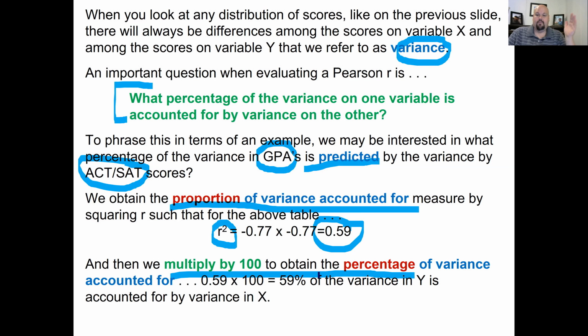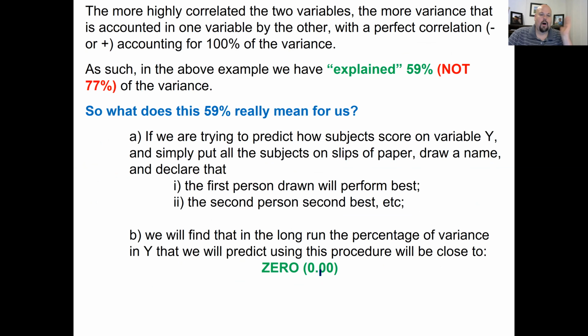The variance accounted for says how much of X is accounted for by Y. How much of your GPA is accounted for by your ACT scores? How much of your anxiety is accounted for by how much sleep you're getting? How much of whatever is accounted for by something else. The more highly correlated the two variables, the more variance that is accounted for in one variable by the other. If you have a perfect correlation of 1.0, square that, it's 1 times 1 is 1, times 100 is 100%.